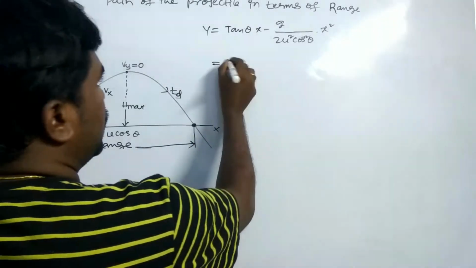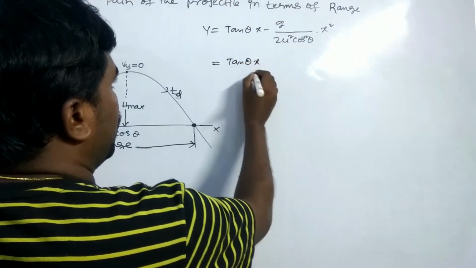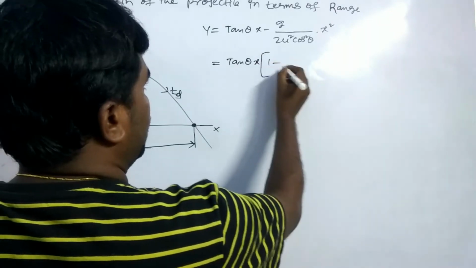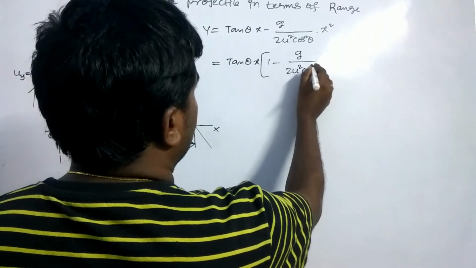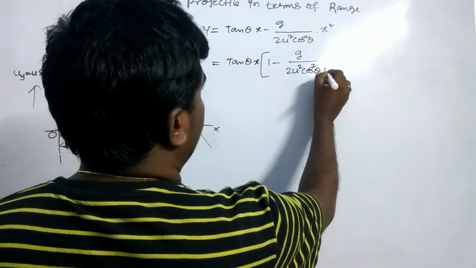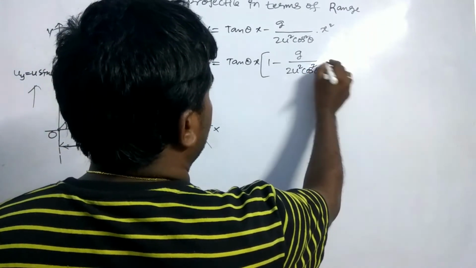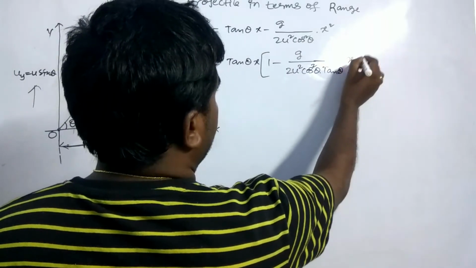Let it be tan theta into x, since x is common here, then 1 minus g by 2u square cos square theta into tan theta, into x.